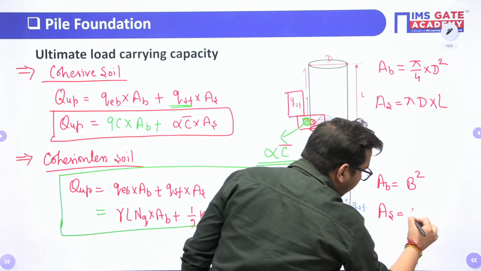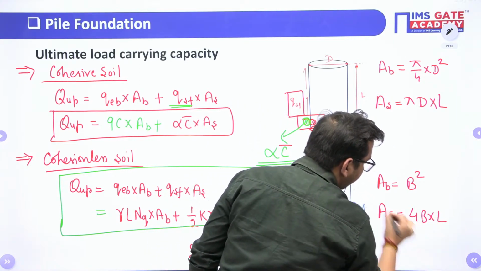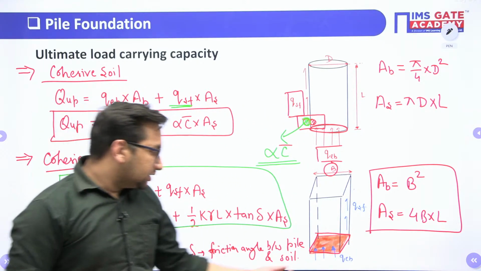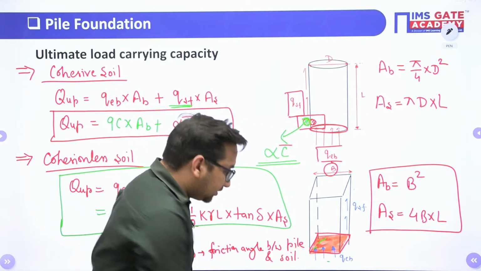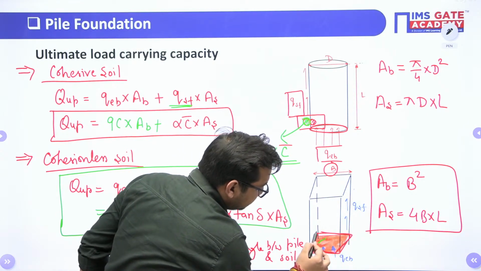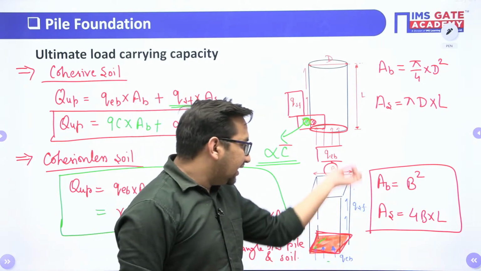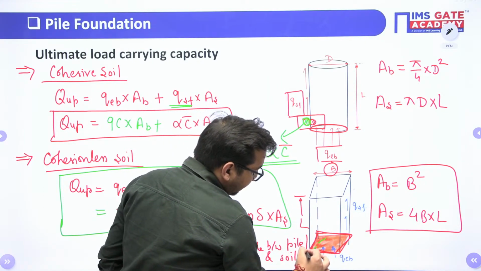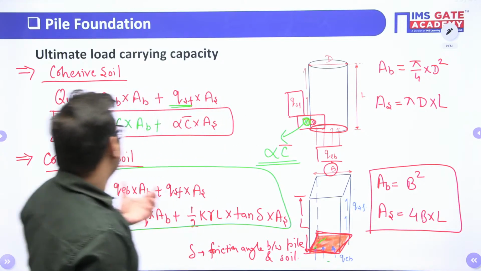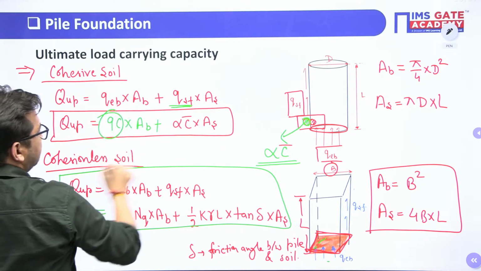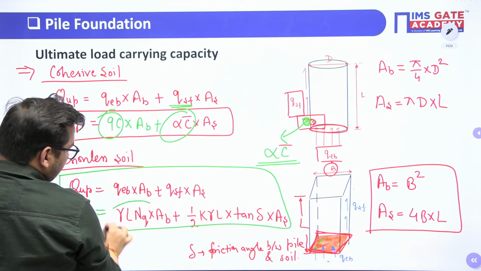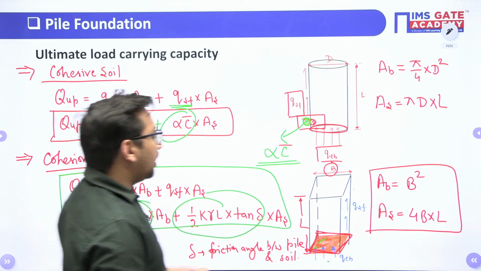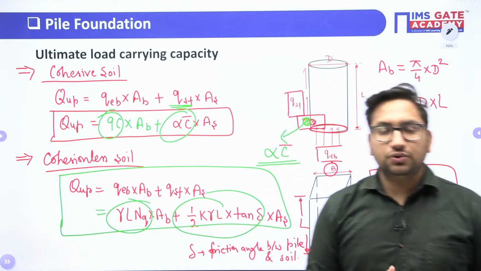So perimeter will be 4 times b, into L, right? This is your b, this is b, this is b, this is b, multiplied by the length of the pile. It will give you area at sides, right? So these values you need to remember: 9c, alpha c bar, gamma L NQ, half K gamma L into tan delta, right? From where we got these values, this is also now known to you. Clear?